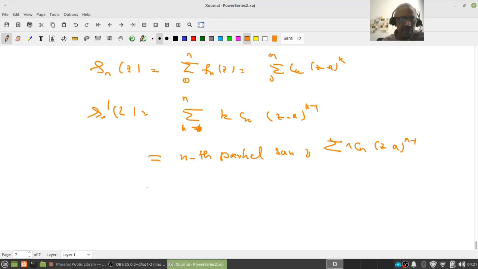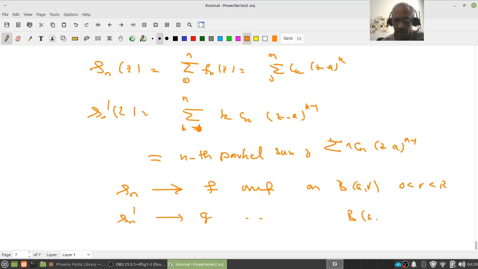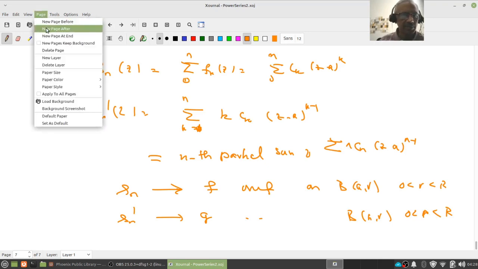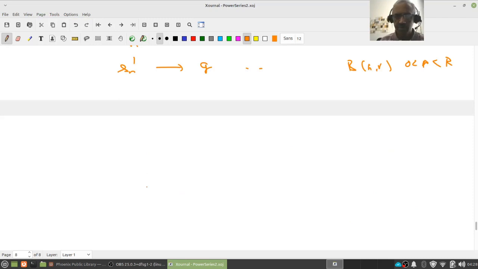Now what do I know? I know that Sn converges uniformly to F and Sn dash converges to G uniformly on B(a, R), right? Now we had already learned a theorem from uniform convergence. Let me just recall.